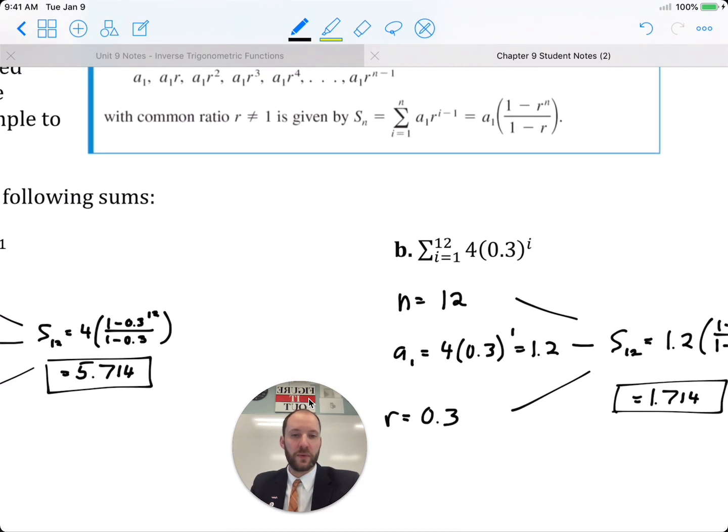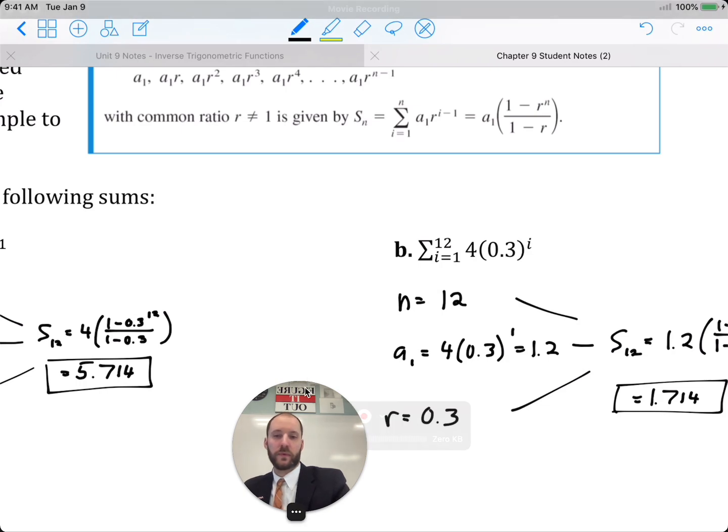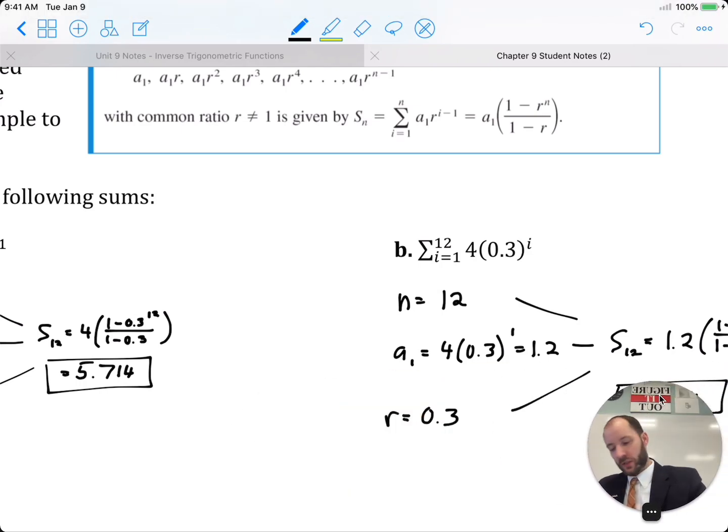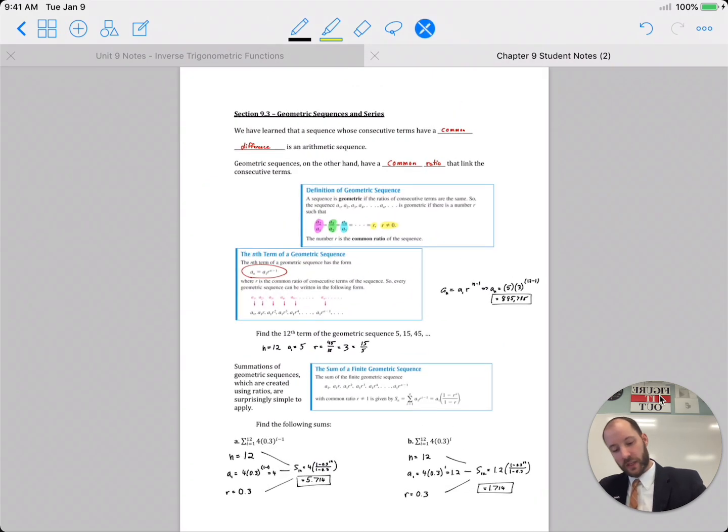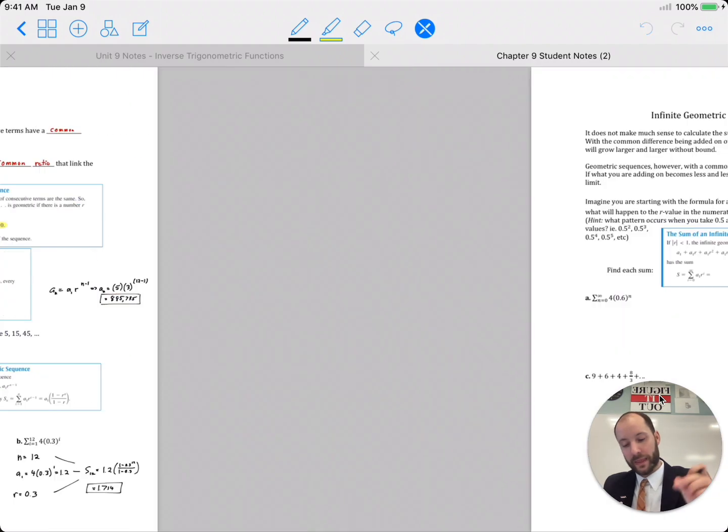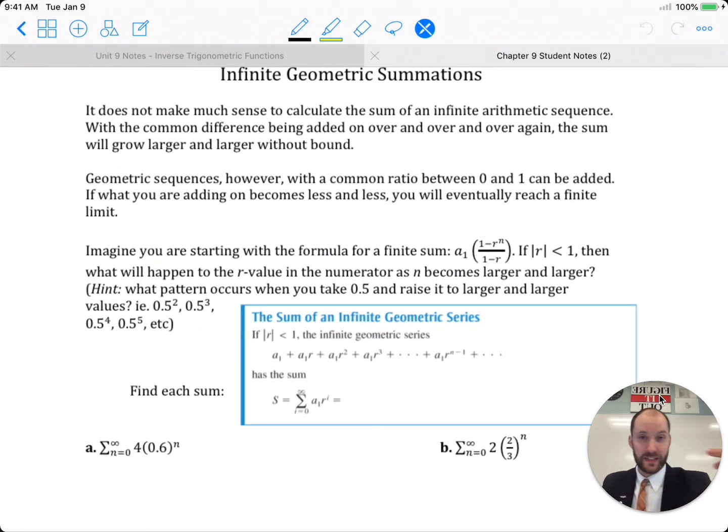Now in this new sum, because we have the ratio one more time, we have it i times, not i minus 1 times, that initial 4 was left out. So it's important that you identify those three things every time for every problem. They won't always be the same from problem to problem, based upon how the geometric sequence is defined.